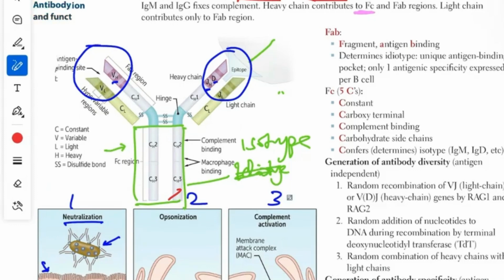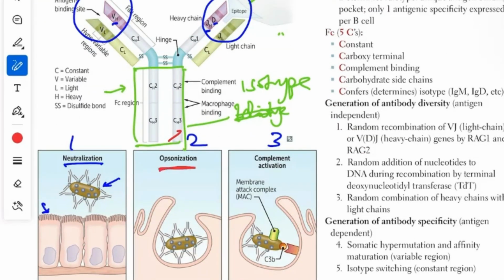Then if you talk about opsonization, the second function. Opsonization is the same thing: the antibody will coat the pathogen, in this case the bacteria here, and make it palatable for the white blood cells to digest it. The white blood cells that carry out this process of eating these foreign pathogens are the phagocytes, all right?